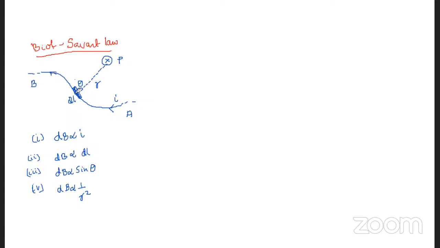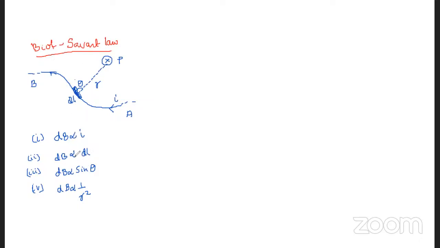Here we have taken a small current carrying element dl, and we have a point P where we have to calculate the magnetic field developed by this conductor, which we call dB. So the dB due to this small element depends upon some factors. This dB is directly proportional to the current I, which we have written as dB proportional to I, one point.